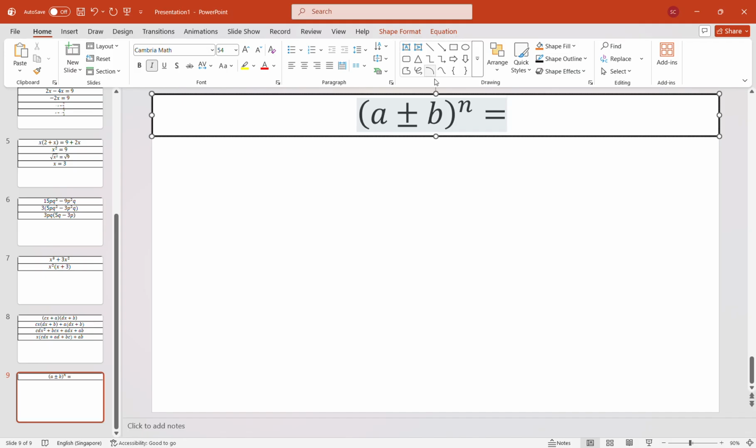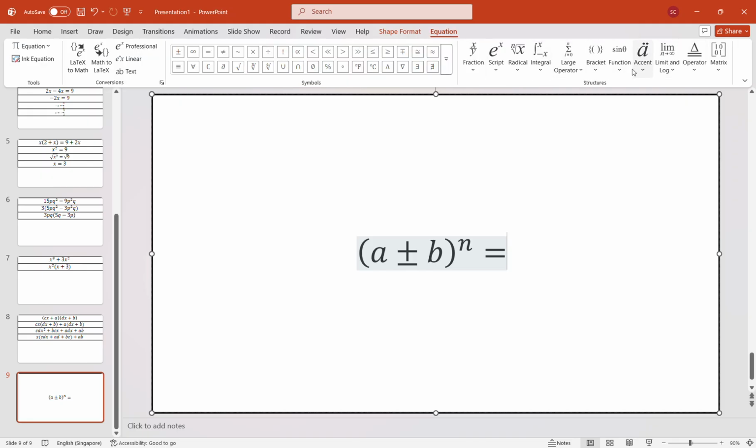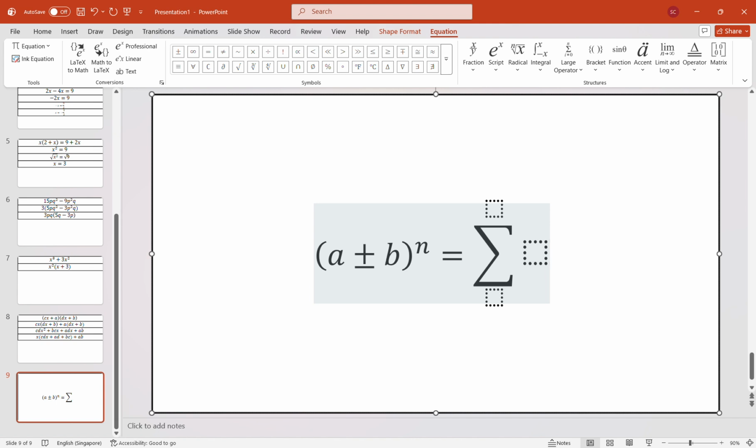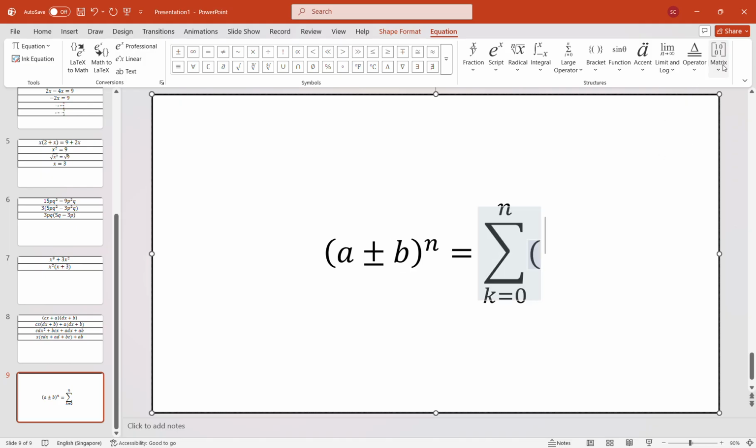Equals the sum, n or k equals to 0. Let's just put that here real quick. One.